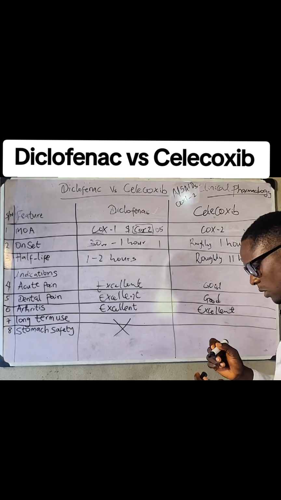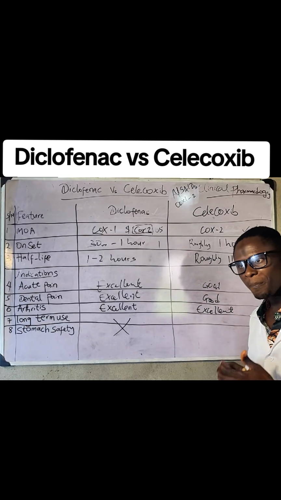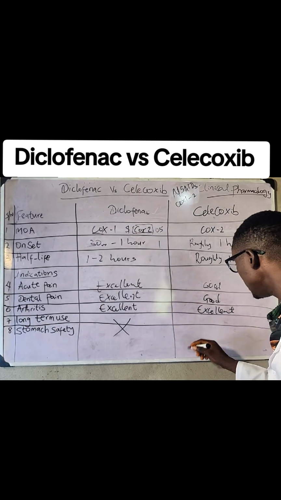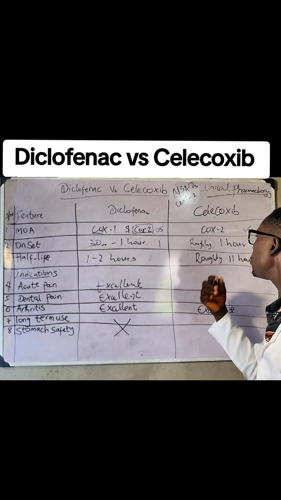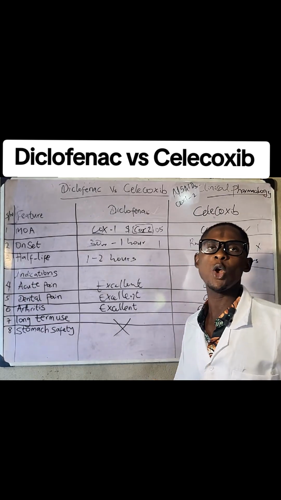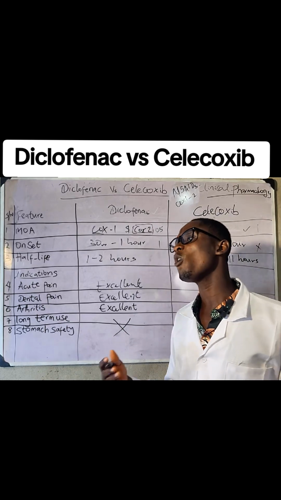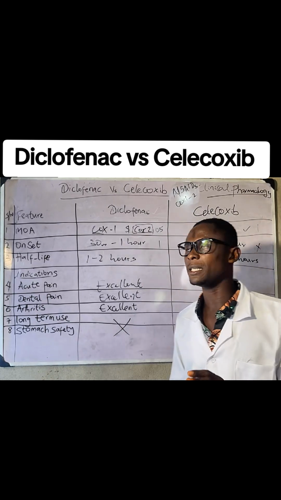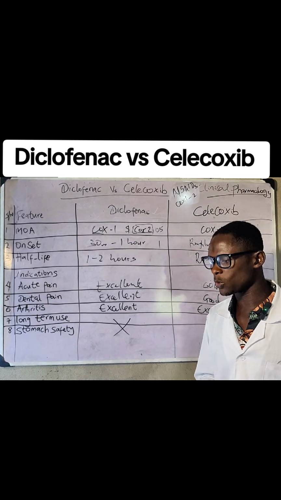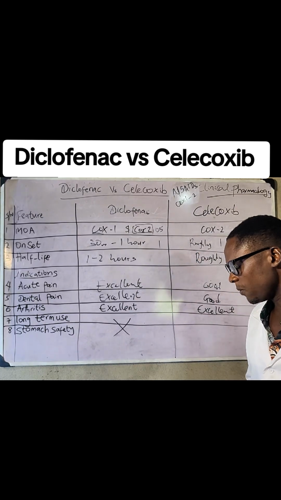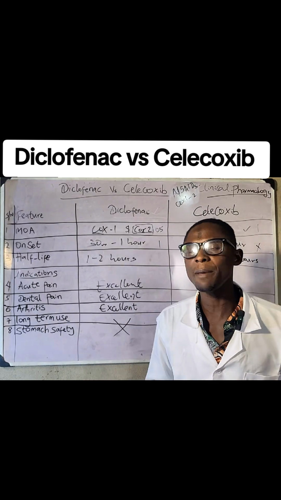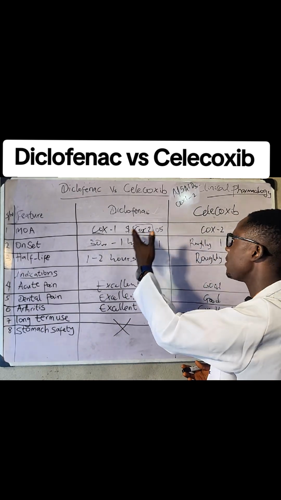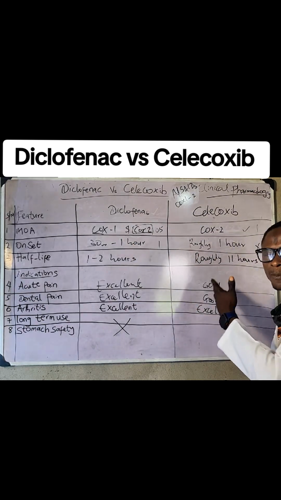A long-term use. But you should know that there are other NSAID like naproxen, which can even do better for people for long-term use. It can even work for people with cardiovascular diseases. But well, we are not going into depth. Now, let me ask a simple question. Let me give examples of where diclofenac will be better and when Celecoxib is better.